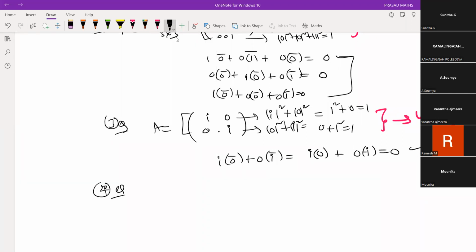Suppose look at this: the matrix with entries 0, e to the power i theta, 0, 0 and so on.